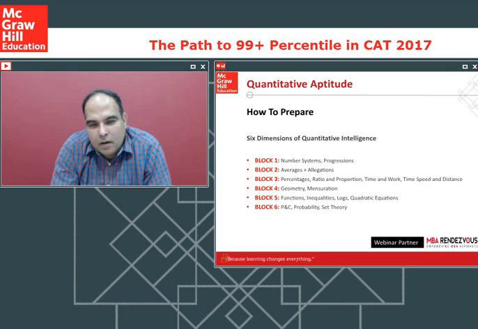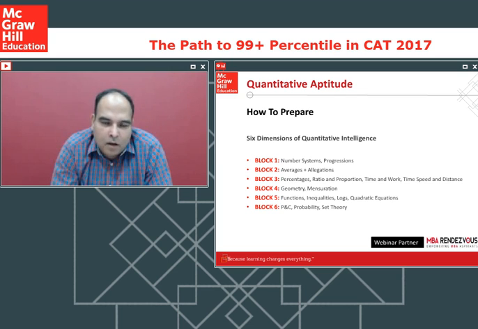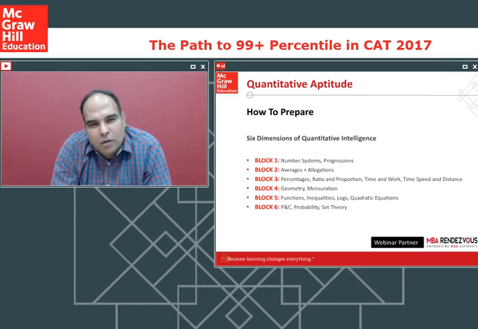And when you're preparing, why do I talk about a randomly selected set of 7-8 questions? Because if you look at the CAT structure, from block 1 you will get around 6 to 8 questions on an average in the CAT exam. Block 2 and 3 combined will give you around 8-9 questions.